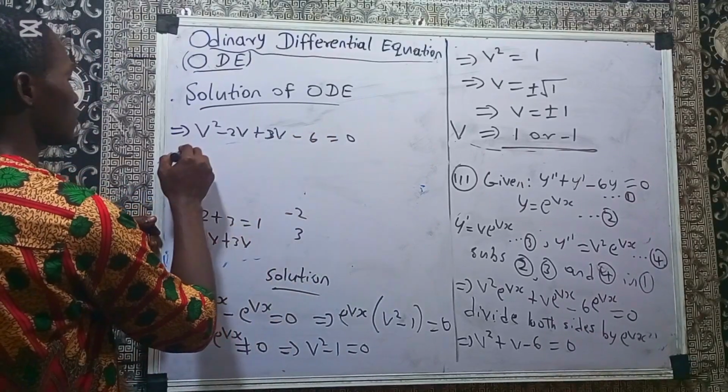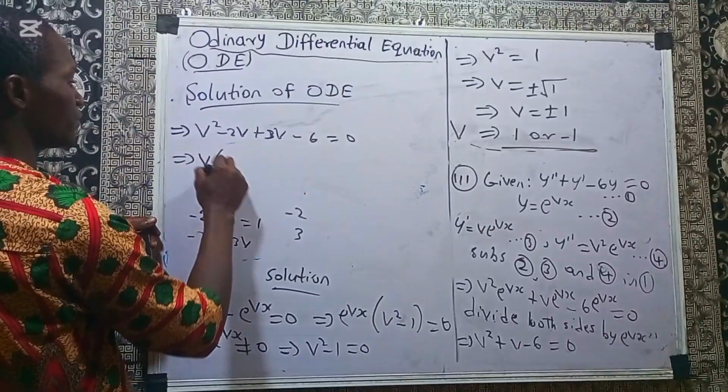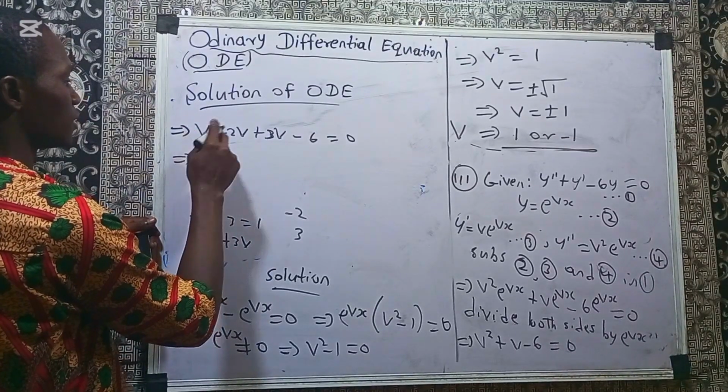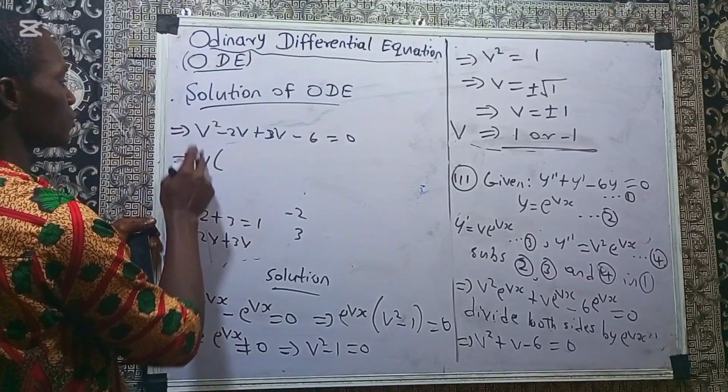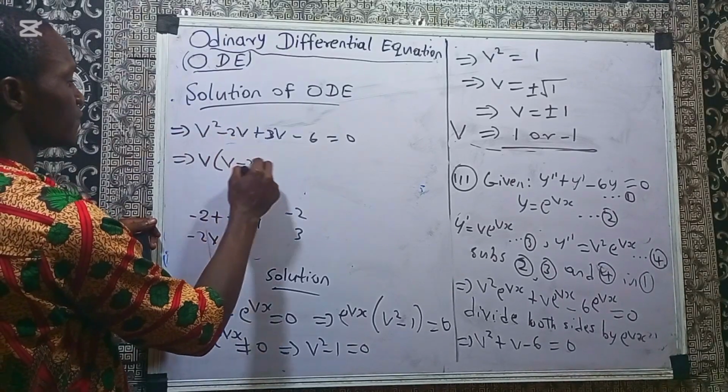We have factorized it. v is common for these two terms. Factor v out: v divided into v squared gives v, and into negative 2v gives negative 2.